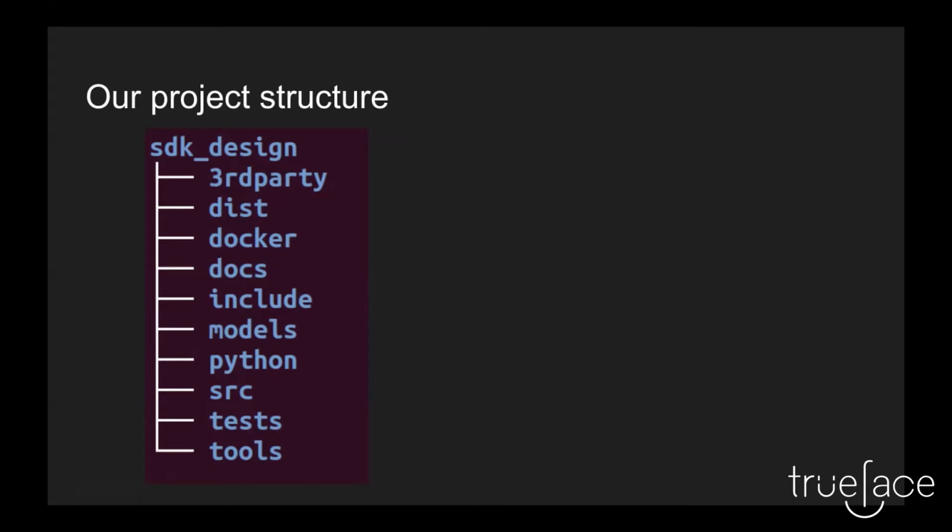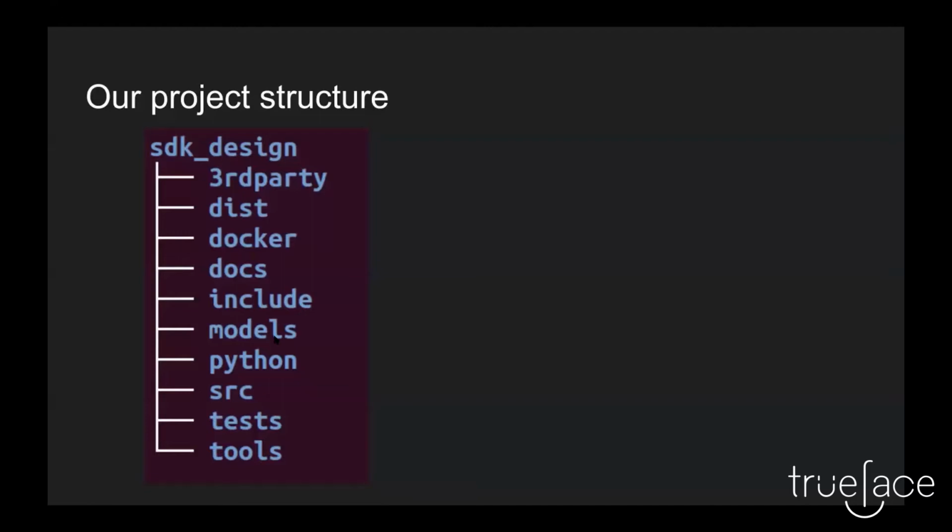So this is going to be the include header file and also the static library itself. Docker is going to contain the Docker files required for our CircleCI pipeline. Docs is going to contain the build scripts for generating the documentation. Include is going to contain any include headers that we want to ultimately distribute to the end user.